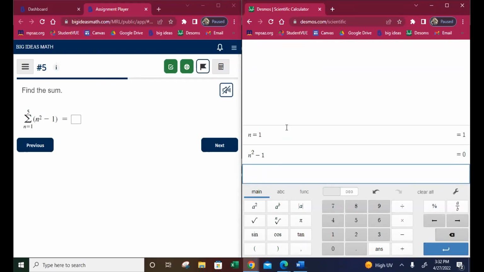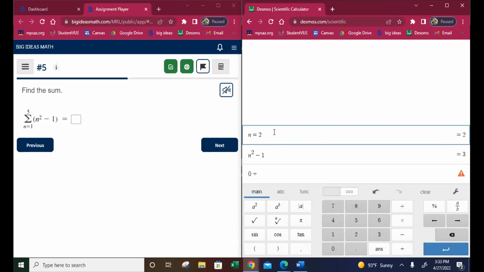Okay, it did work. So when n is 1, what is n squared minus 1? Can you see that value on the right? Can you type that 0? So type 0 in that third line, and put a plus next to the 0. Now go back to that first line where it says n equals 1 and put in n equals 2.